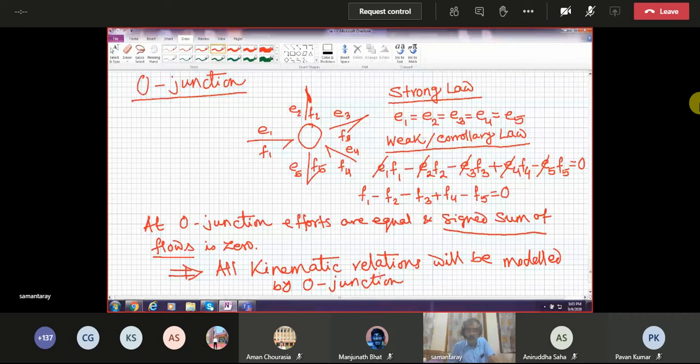So this is the key. As long as you get a kinematic relation, you have to model it by a zero junction.